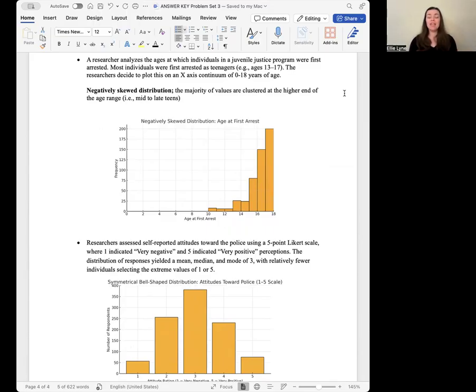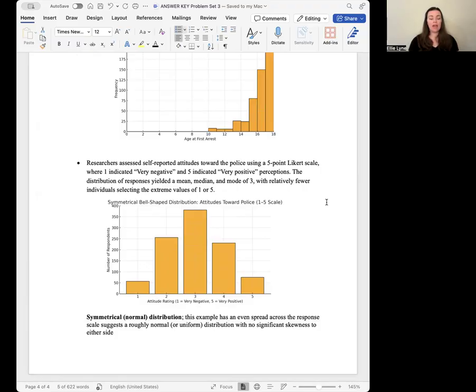And so again, thinking about what direction our tail goes. This time, because we have clustering at the higher end of our age range, which is mid to late teens, we still have some individuals that may have been arrested very early in life, but that's the direction our tail is pulling us. So it's a negatively skewed distribution.